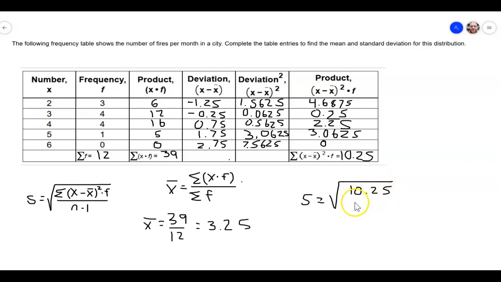And the bottom with an n minus 1. That is 1 less than the sample size. Remember, that's the same as the total frequencies. So that's going to be 12 minus 1, which is just 11.